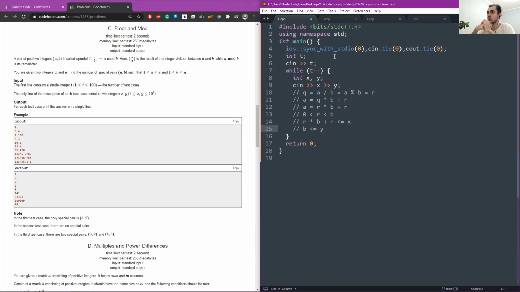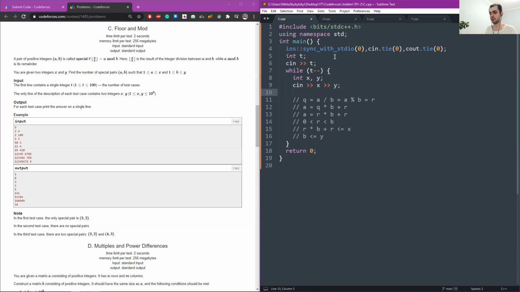I'm trying to think what is the best way to count this. I'm guessing that the best way should be over R. Yeah, I'm pretty sure iterating over R is good.